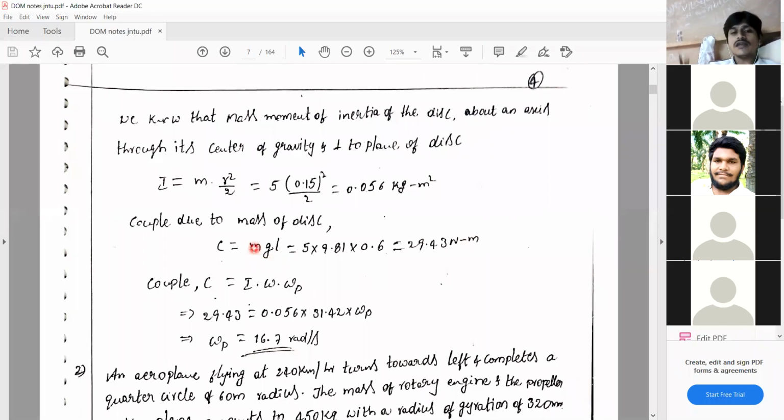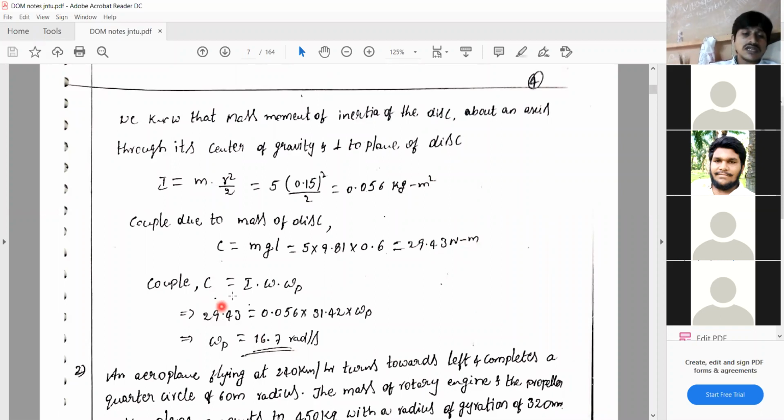The force is mass into g, and the perpendicular distance is the arm length. So 5 into 9.81 into 0.6 gives the couple due to the disc as 29.43 Newton meter.